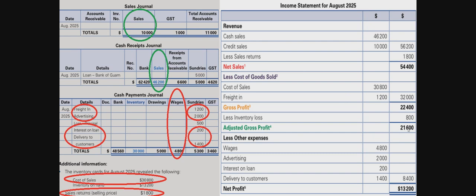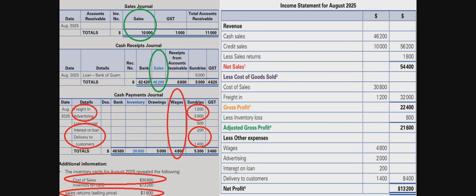After that, it's pretty basic, with just less other expenses. So all the other stuff that we've highlighted, like advertising, interest on the loan, delivery to customers, these values here are located here. Just remember, interest on the loan is an expense, but a repayment of a loan is a liability being reduced. So it's not a form of expense because it doesn't overall decrease our owner's equity.